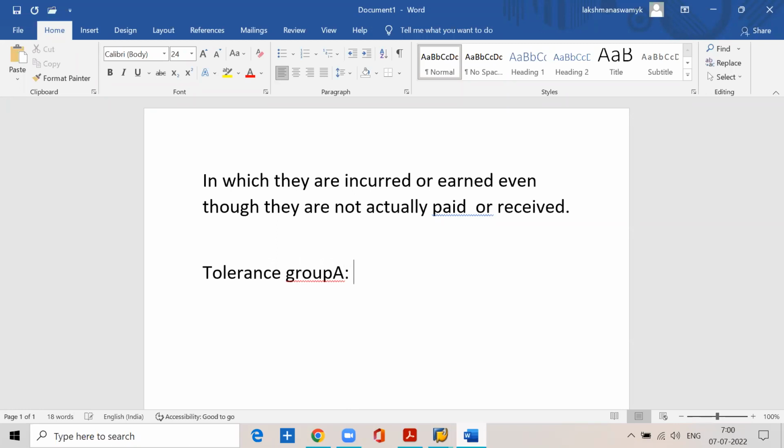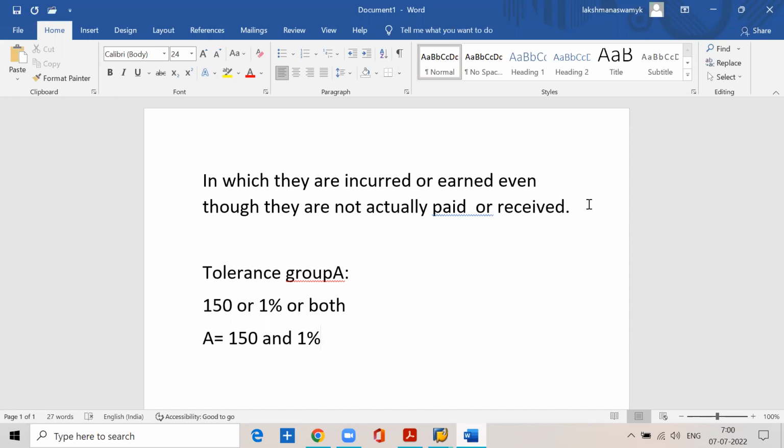Tolerance group A, right? So you can define the upper limit either in whole amounts. Whole amount means 150 rupees. 150, 250, 200, they are called whole amounts. Or percentages, 1%. Or both. Say for example, for tolerance group A, we defined both 150 and 1%.